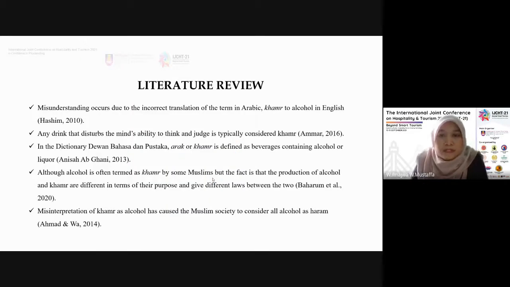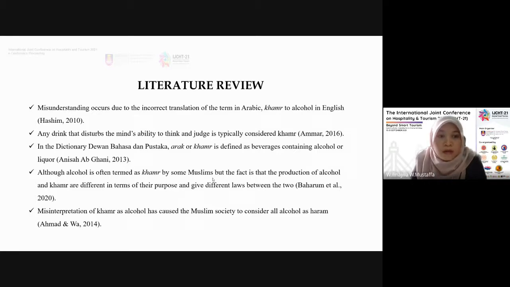This is the literature review. The misunderstanding occurs due to the incorrect translation of the Arabic term hamar to alcohol in English, by Hashim 2010. Any drinks that disturb the mind's ability to think and judge are typically considered hamar, by Amar 2016. In the dictionary by Dewan Bahasa dan Pustaka, arak or hamar is defined as beverages containing alcohol or liquor, by Anissa Abdul Ghani 2013.